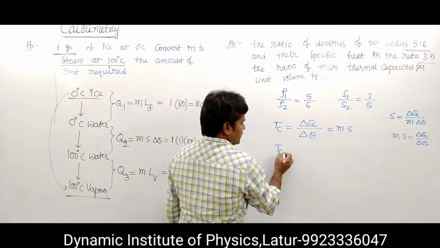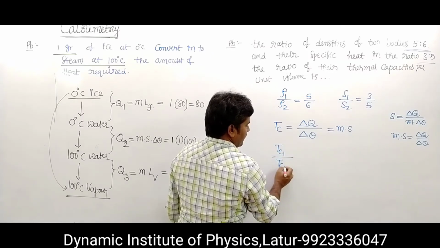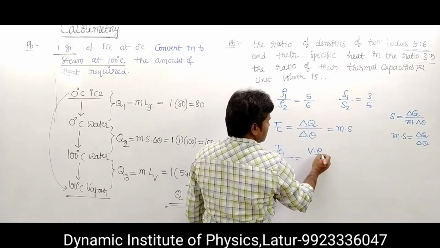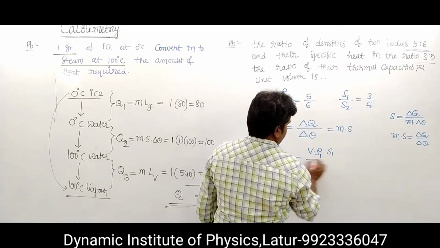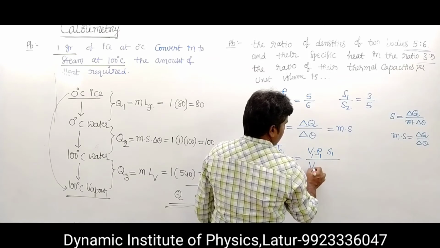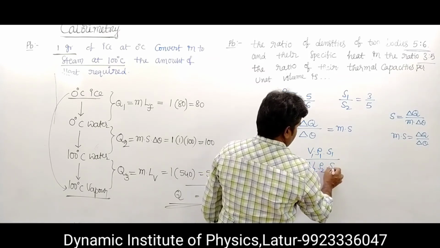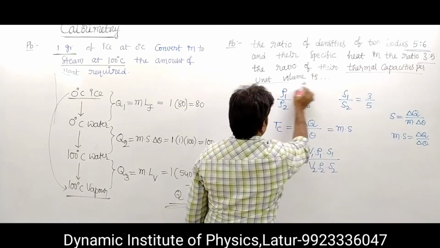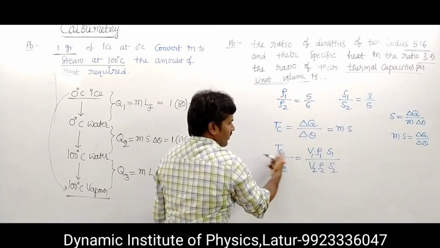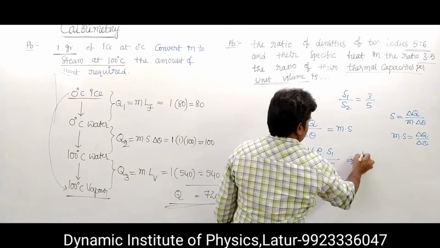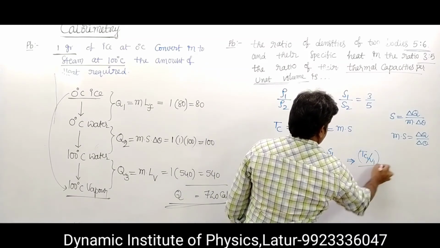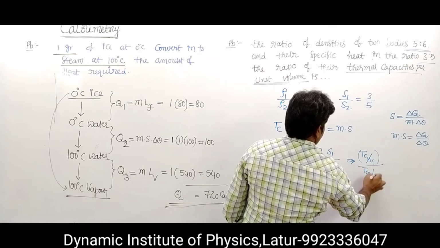Then thermal capacity of 1 upon thermal capacity of 2: mass equals volume into density, so volume into density into specific heat upon volume into density into specific heat. We want thermal capacity per unit volume. This is written as Tc1 upon V1 over Tc2 upon V2.